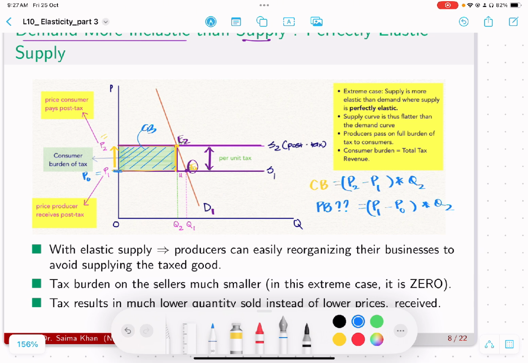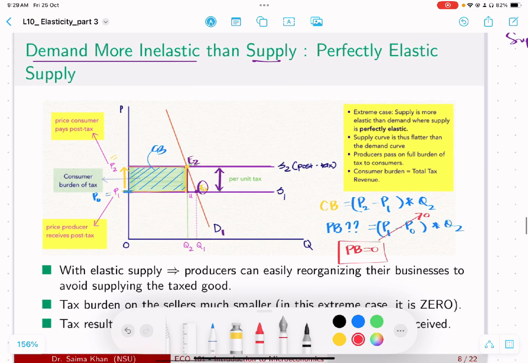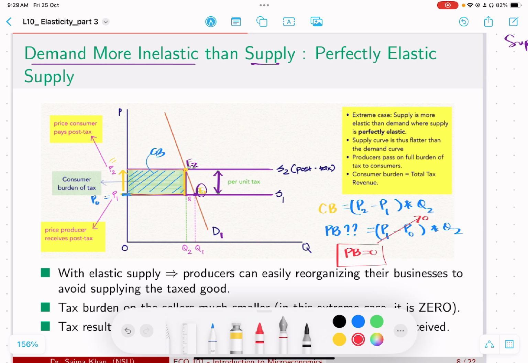Well, I've just said they're equal, which means this part just goes to 0, which means the producer burden essentially is 0. And so, in this diagram, that is why we can't find it. So what we're seeing is that in this extreme case, because demand is inelastic compared to supply, consumer burden is still more than producer burden, but now the producer burden is just 0.